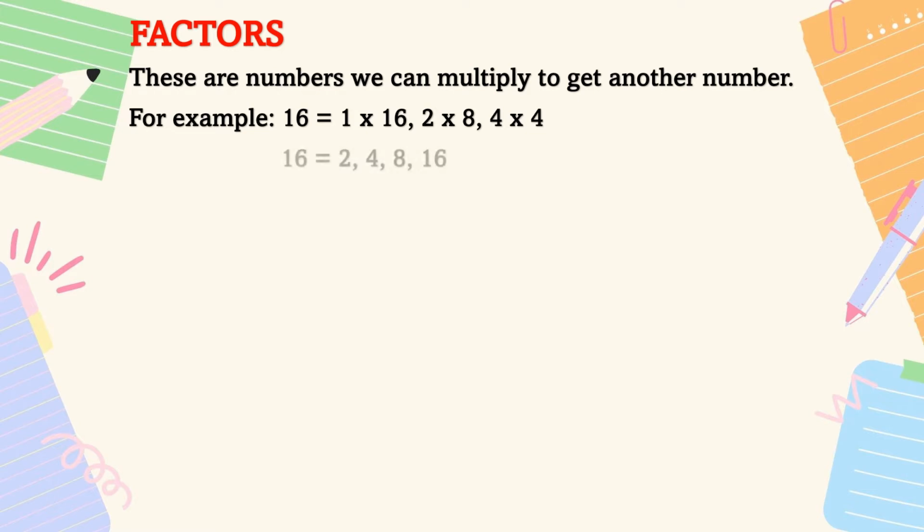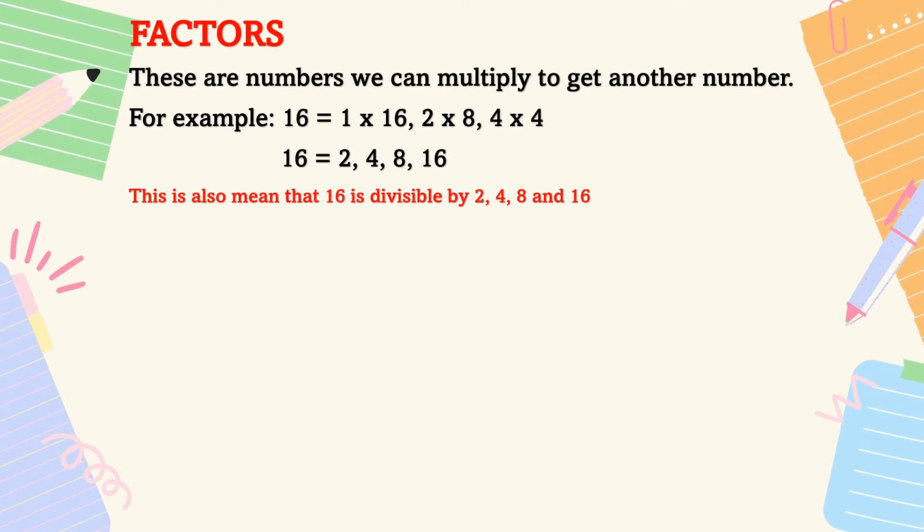Therefore, the factors of 16 are 1, 2, 4, 8, and 16. But we are not going to write 1 anymore because 1 is a factor of any number. This also means that 16 is divisible by 2, 4, 8, and 16.